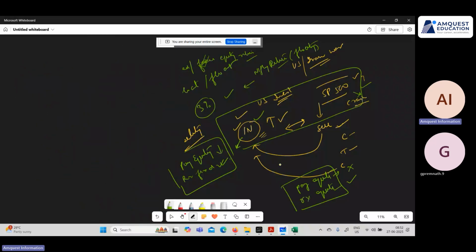Let's say I will be paying Nifty returns, and I will be receiving, say, BSE 300. Let's say this is 2% and this is minus 5%. So I would effectively be paying 7% and receiving nothing.